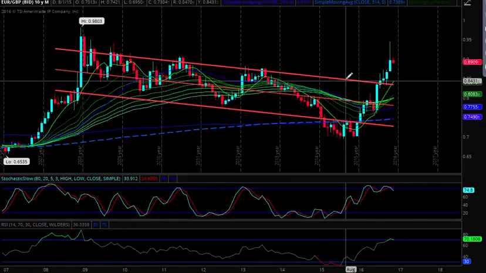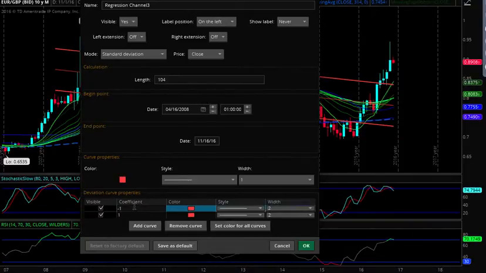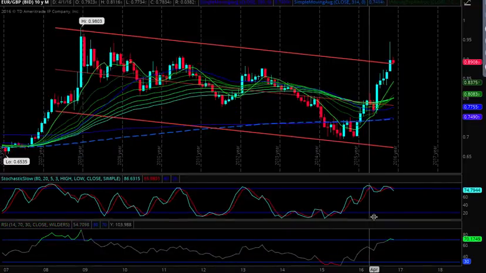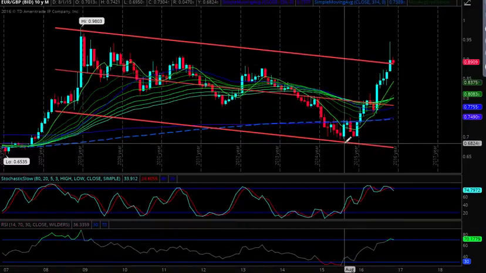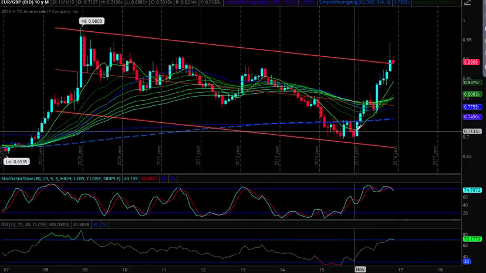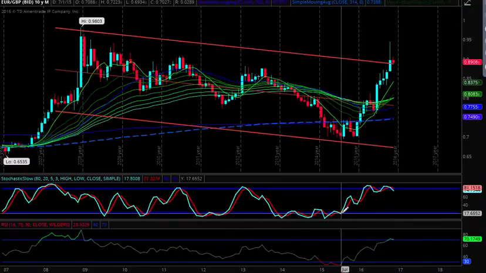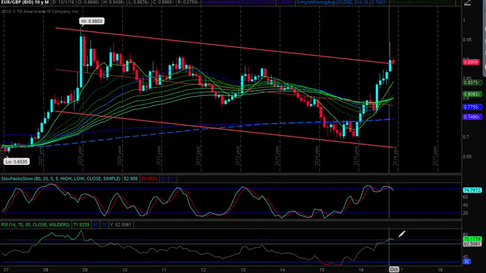I don't have time to go into it on this video, but there are specific reasons why I use this. This is your long-term trend for the euro versus the pound. Just look how far we've come off the lows from 2015. Very oversold there, and we're overbought now.